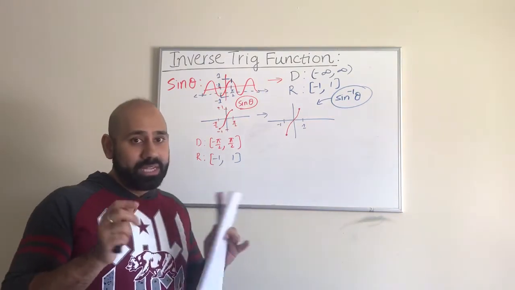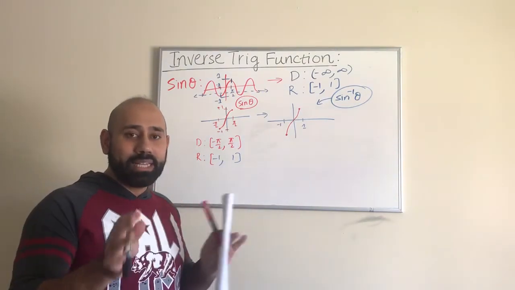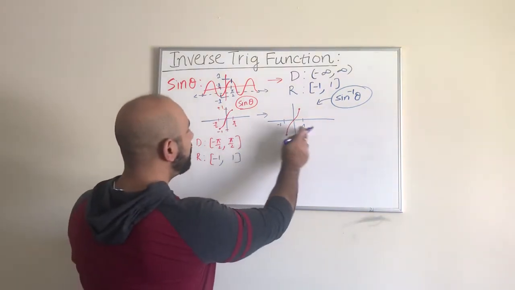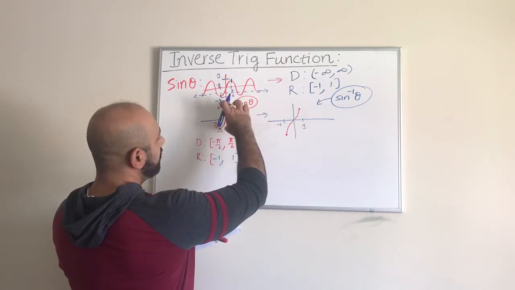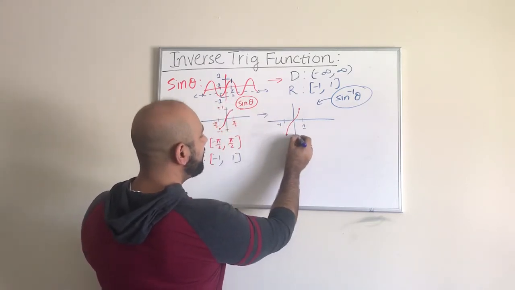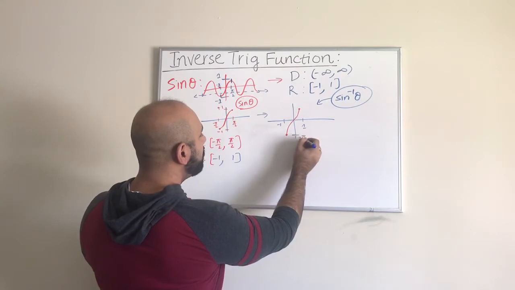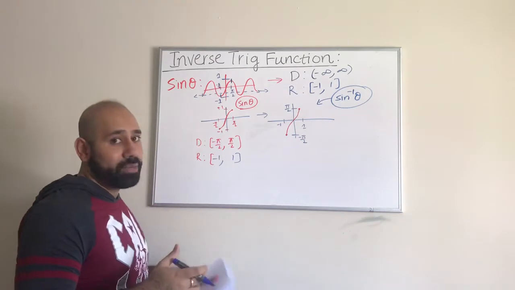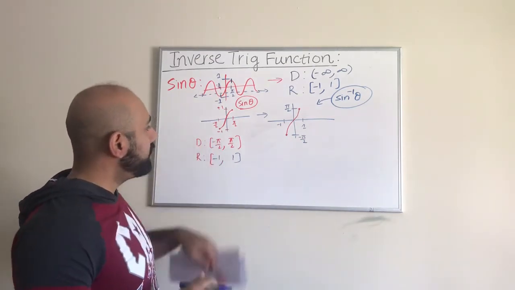We have to understand some basic things, and then use those to evaluate the inverse of different trig functions. So it's from negative 1 to 1. The range becomes the domain and the domain becomes the range. So this here is from negative pi over 2 to positive pi over 2. That is basically what happens when you go from a function to its inverse.